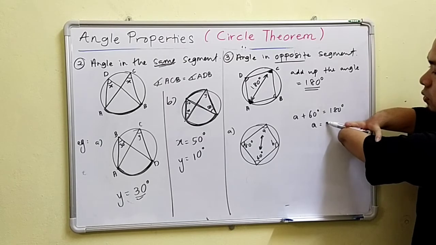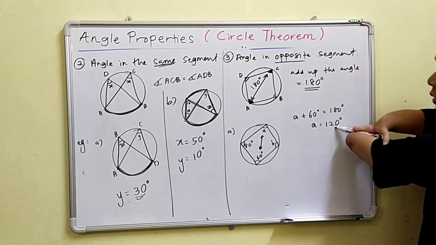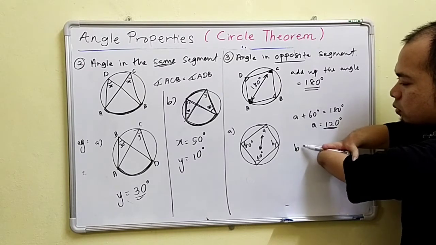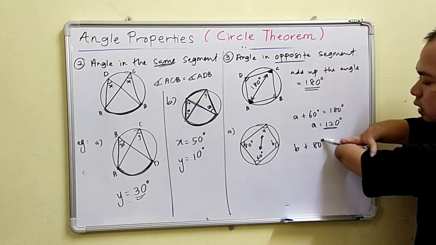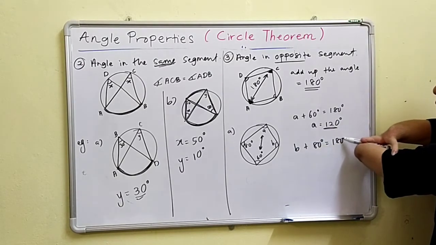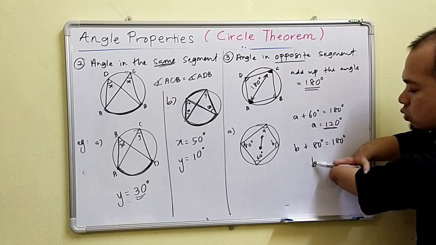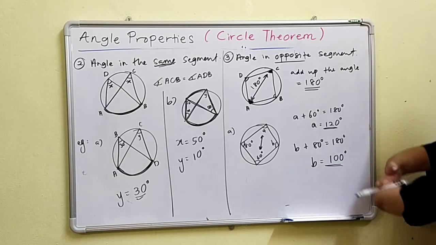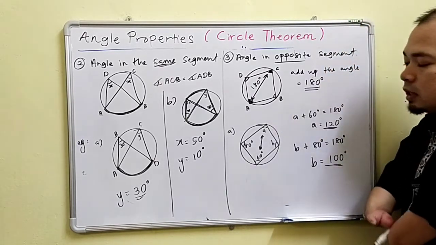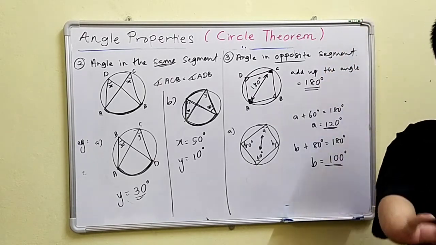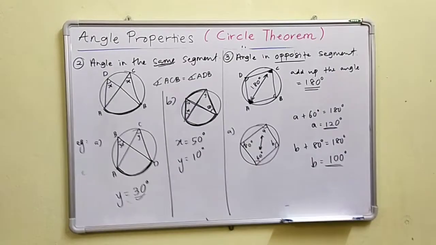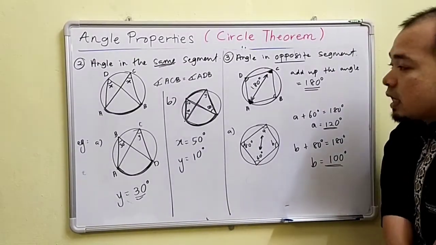Rearrange, so A is equal to 120 degree. Same goes to B. B plus 80 degree is equal to 180, so B is equal to 100 degree.